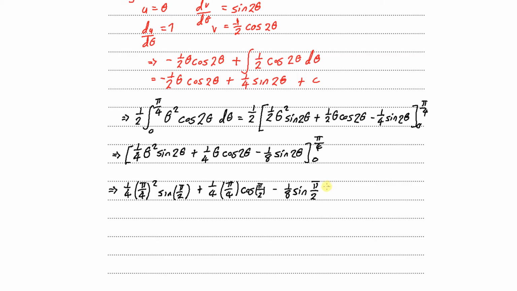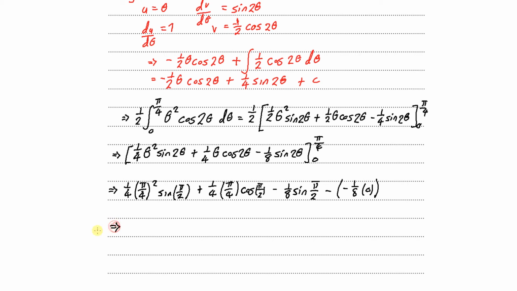So this is what we have, and that's minus, and we substitute 0 into all this, and if we do that, we get minus 1 over 8 of sine 0, which is 0. So we get nothing from here.